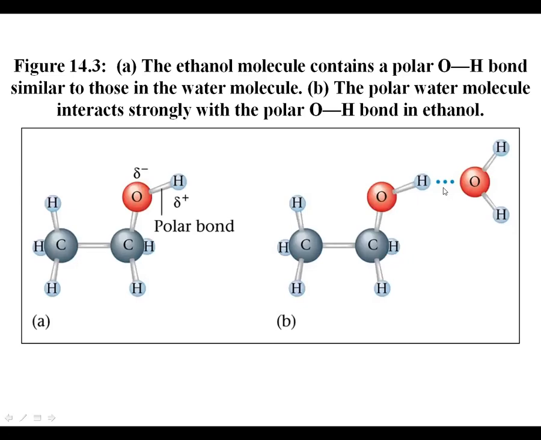You could also see in these last two examples that you could have two different molecules. So something like water and something like ethanol, which is what's on the screen right now, they also can interact with each other through intermolecular forces. And in this case, they also will be using hydrogen bonding to do so.